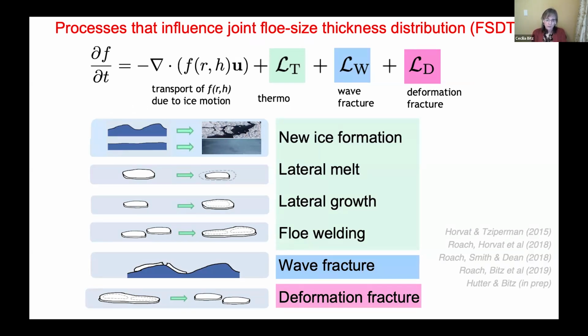And that's represented by this quantity F. And it depends on transport, and then these three terms that include multiple mechanisms, especially the thermodynamics. So the thermodynamics is a combination of how floes are affected by new ice formation, lateral melt causing them to shrink, and growth causing them to grow, and then floe welding, which, when there's freezing in the waters between floes, will weld floes together.